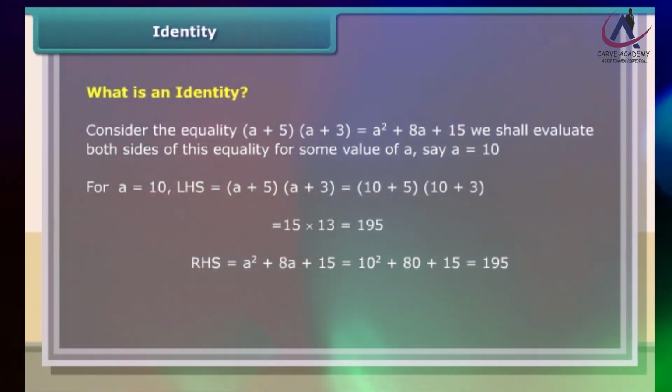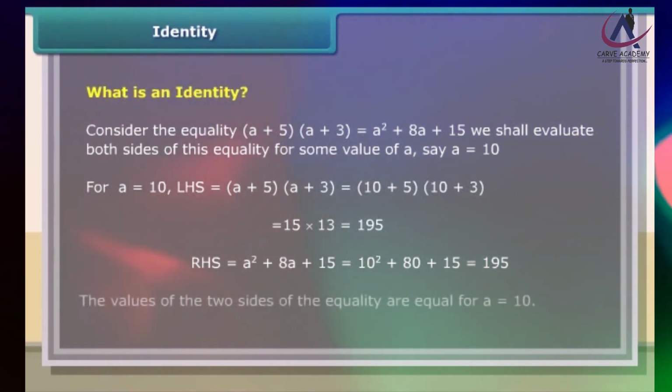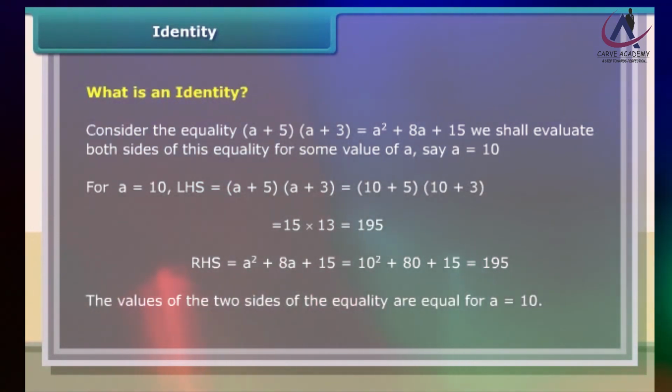RHS is equal to a square plus 8a plus 15, which equals 10 square plus 80 plus 15 is equal to 195. The values of the 2 sides of the equality are equal for a is equal to 10. Let us now take a as minus 1.